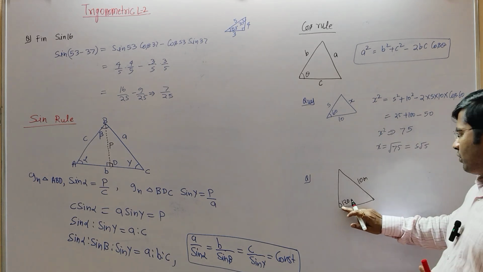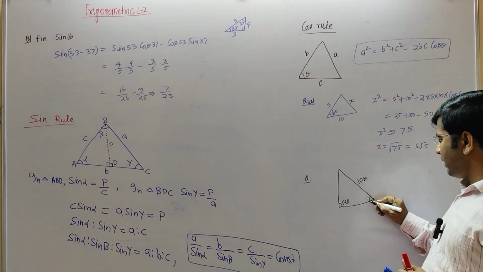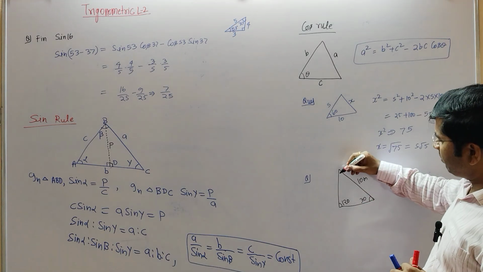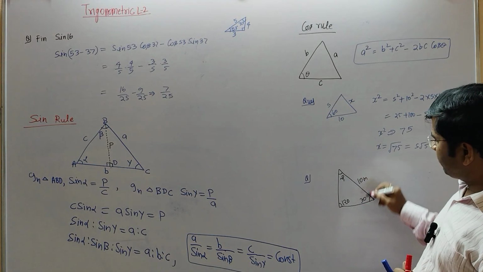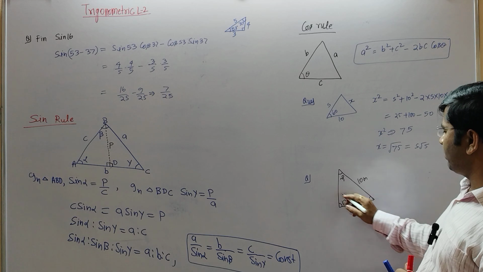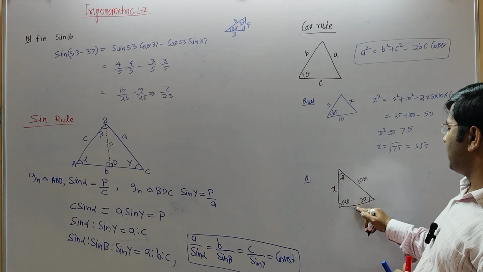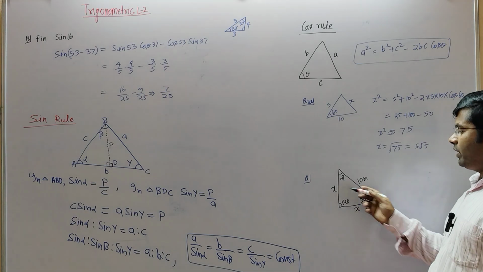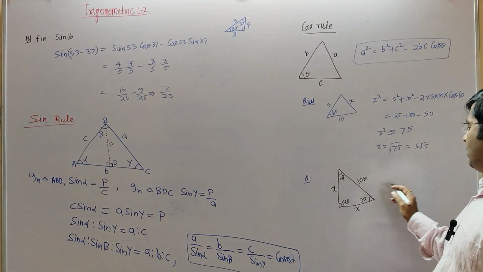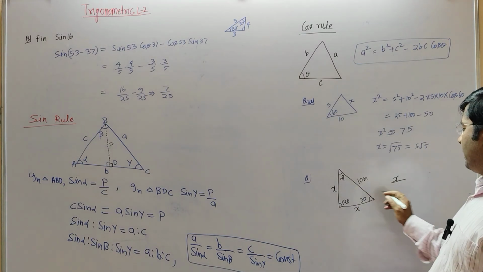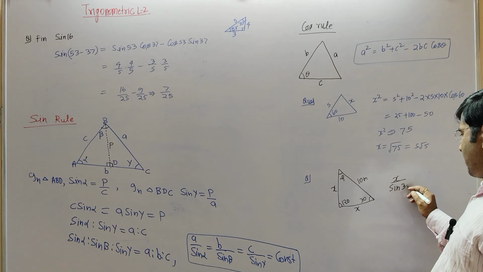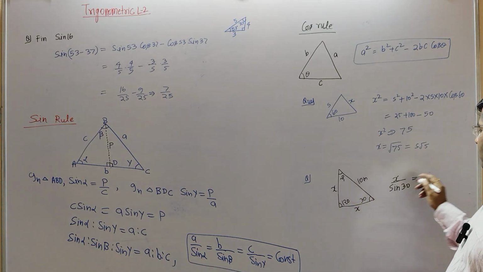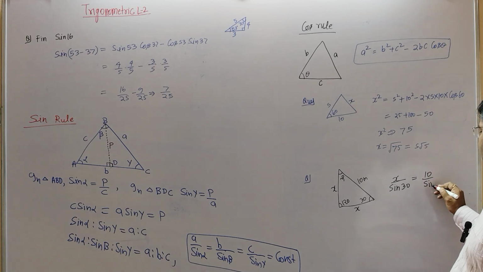This angle I'm saying is 30, so 120 plus 30 is 150, and the remaining will also be 30. If I put two angles of 30, this side will be the same, x, and the other side is 10 meter. We can find this value using the sine rule. So x upon sine 30 equals 10 upon sine 120.